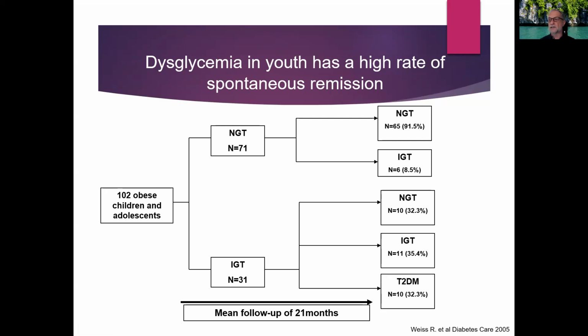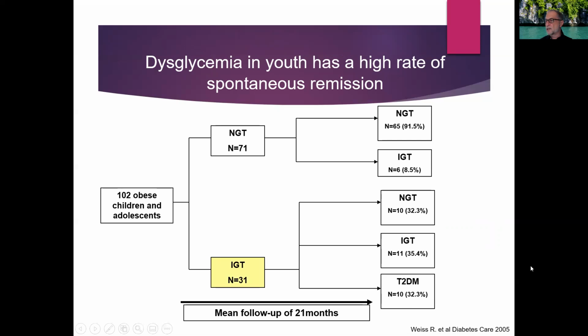So they started with 102 obese adolescents, and among those, 30% had impaired glucose tolerance, and that's quite a common number to see. About 30% of obese adolescents end up having impaired glucose tolerance at some point during puberty. They then followed those individuals for about 2 years with no intervention.